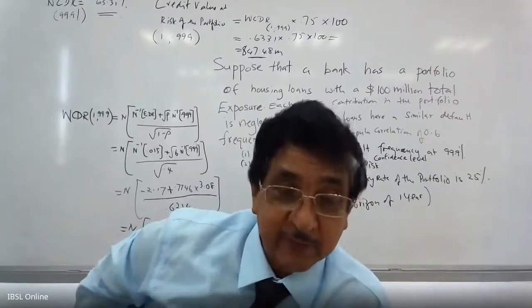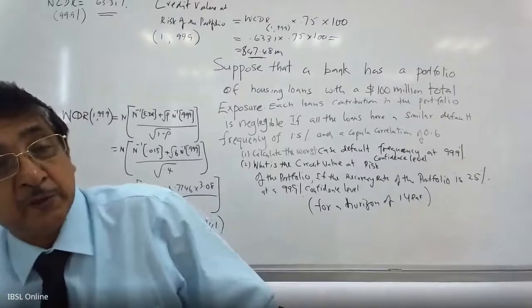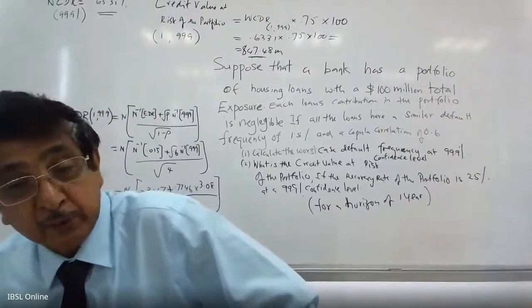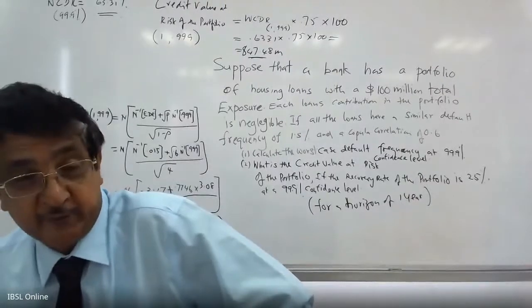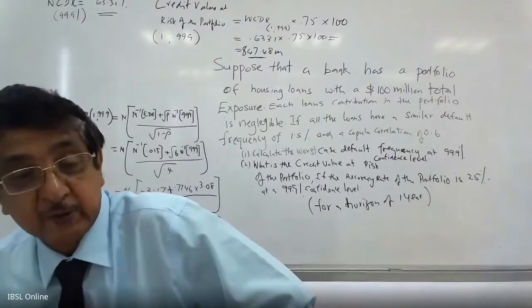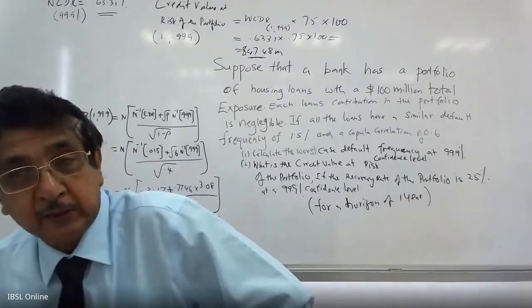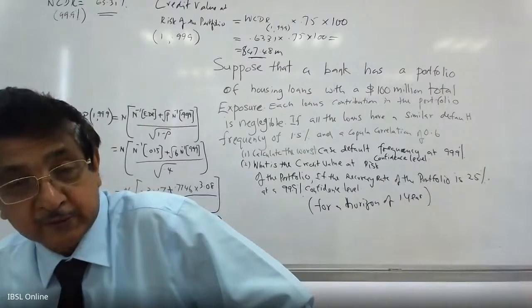Now you can check the values you got, and that is 63.31. That is a very high probability of default. So when you apply that to the portfolio, you will get the credit value at risk. I think you should have come across this under market risk.